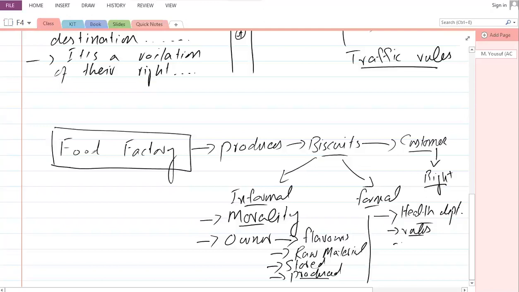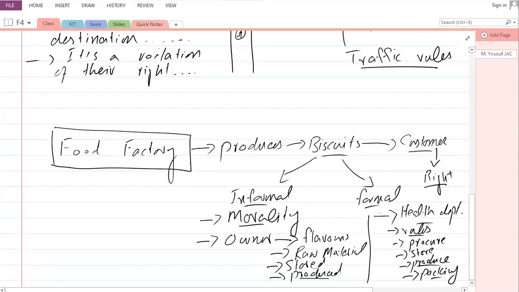What rules? How to procure things, how to store products, how to produce product, how the packing of that product will be.